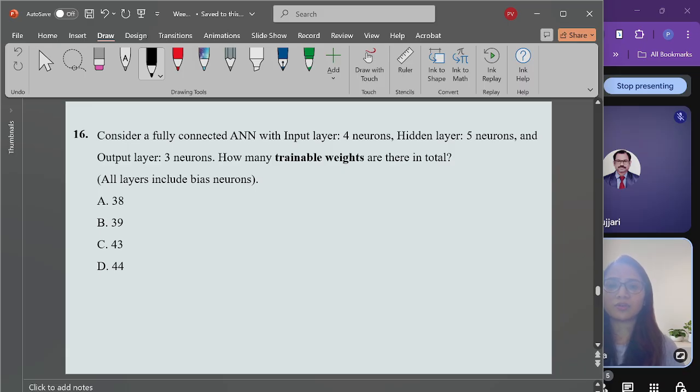So in the note they have given that all layers include bias neurons. That means the input layer and hidden layer must include the bias neurons. So there are 4 inputs, 5 in the hidden layer, and the output layer is 3.